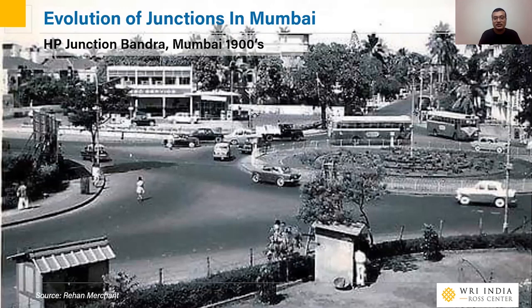But as years passed, to manage the increasing volume, we tried multiple approaches. Roundabouts at many of the junctions in Mumbai were removed, signals were added. In some cases, along with streets, we also widened our junctions. So let's look at what these junctions look like today.